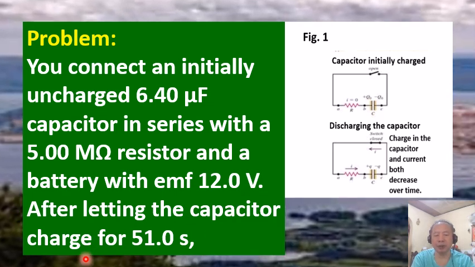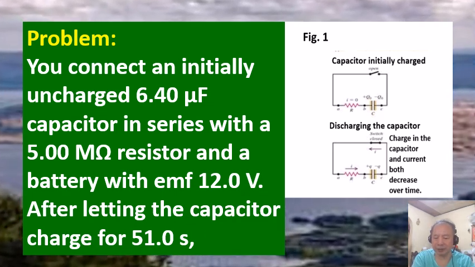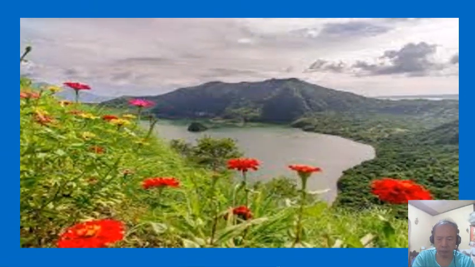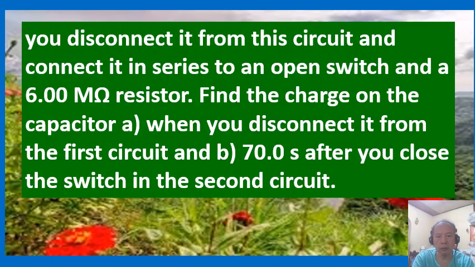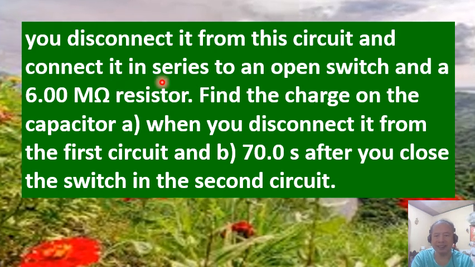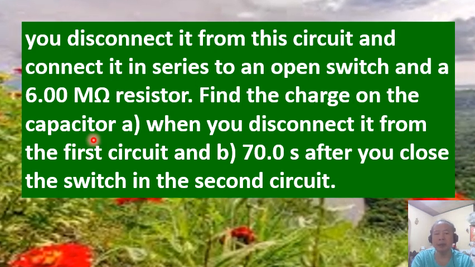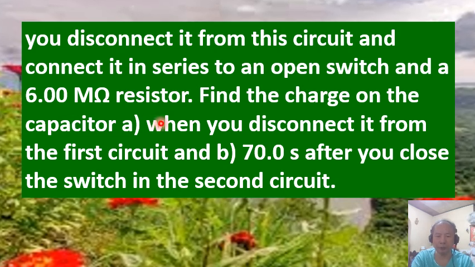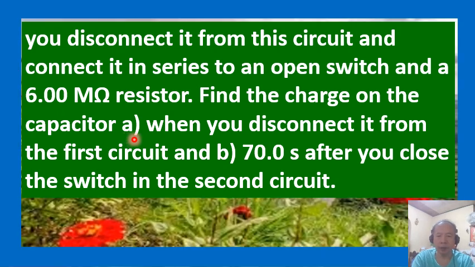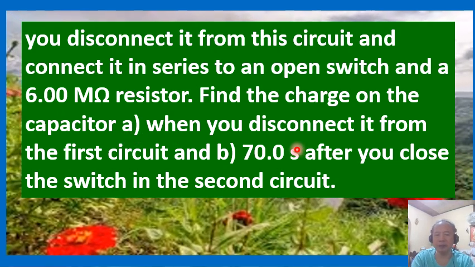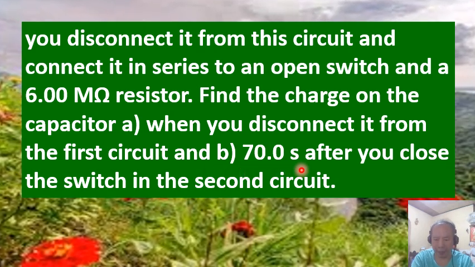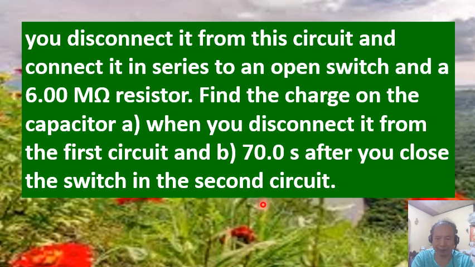After letting the capacitor charge for 51.0 seconds, you disconnect it from this circuit and connect it in series to an open switch and a 6.00 mega ohm resistor. Find the charge on the capacitor. Letter A. When you disconnect it from the first circuit, and letter B. 70.0 seconds after you close the switch in the second circuit.